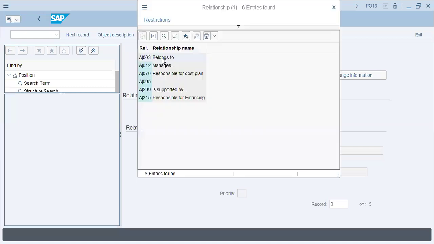Now, 03 is belongs to 012, managers responsible for cost plan, supported by responsible financing. Now, these are relationships, basically. This is how you actually maintain interlinking of your units, subunits, positions, jobs, and persons, right? This is how you actually maintain it in HCM.